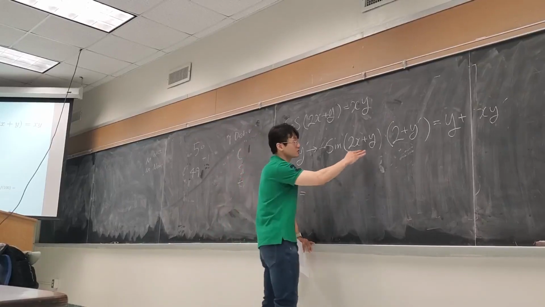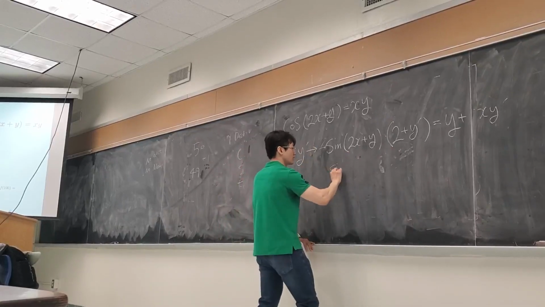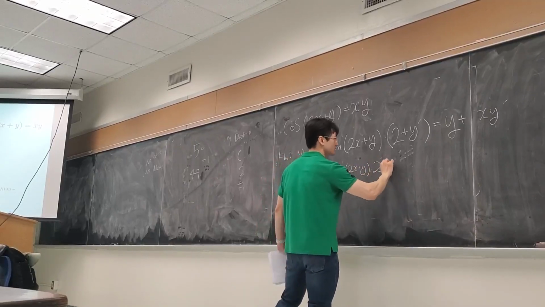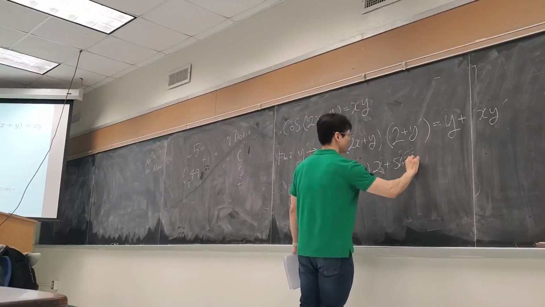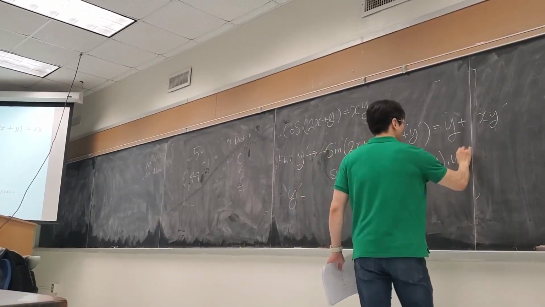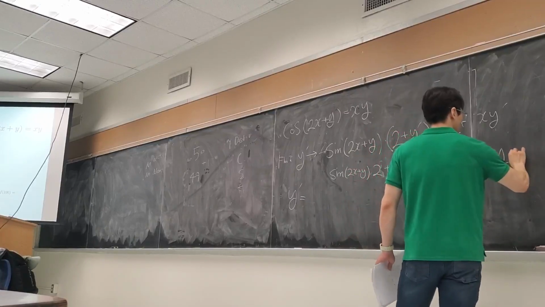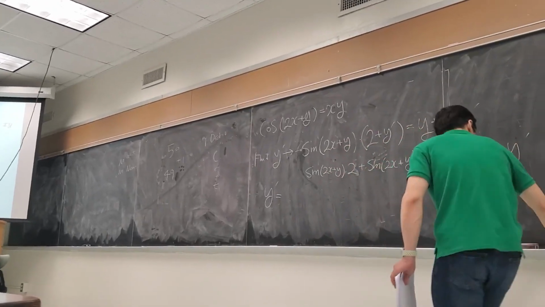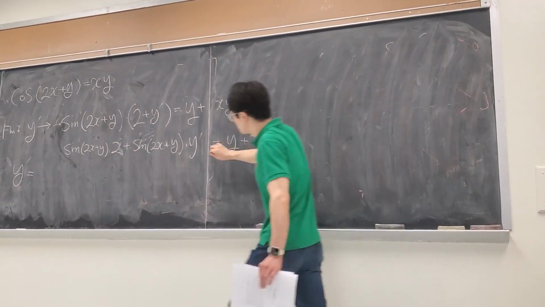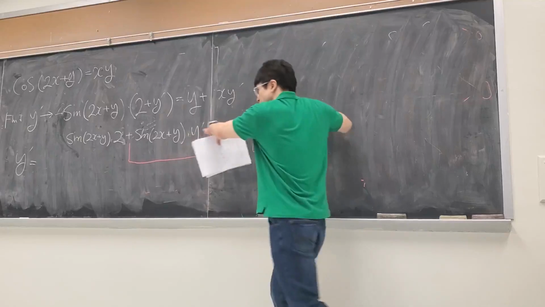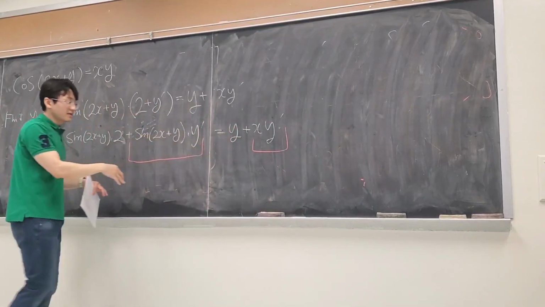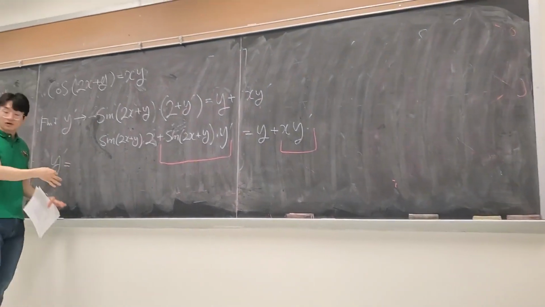To do that, you have to distribute this. You just find the terms that have y prime, move them to one side and move everything else to the other side, and then you just isolate y prime.